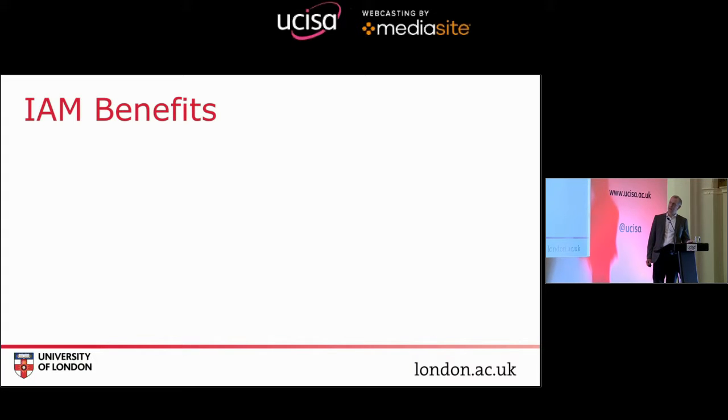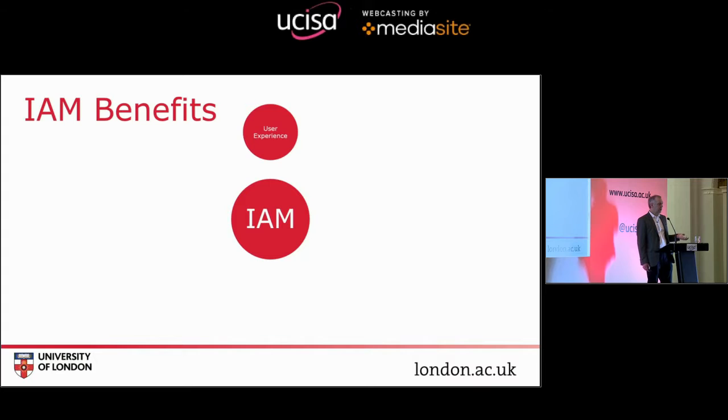Typical benefits of identity and access management, doing it well within the organization. Improvements to the user experience, so the users are logging in a clear and consistent way. They're not having to remember lots of different sets of credentials to log into lots of different services. And we make that kind of as familiar an exercise as possible.